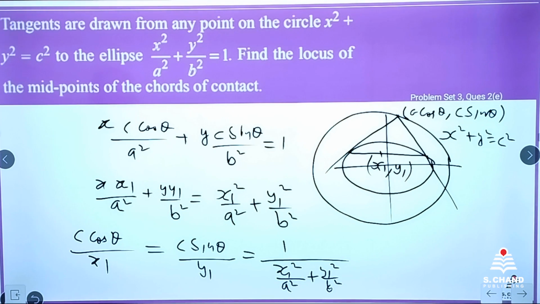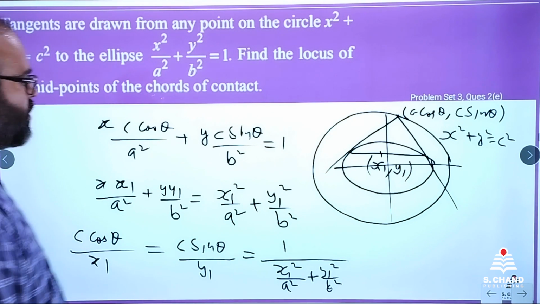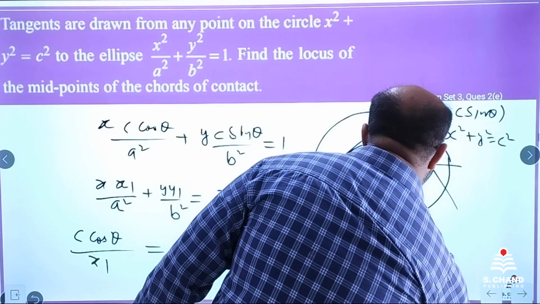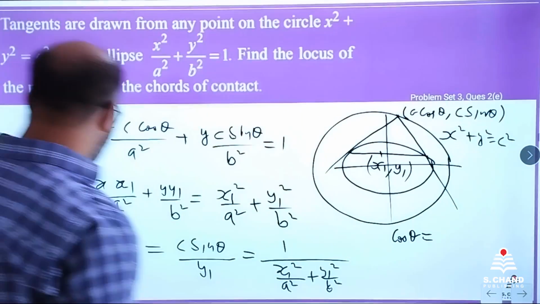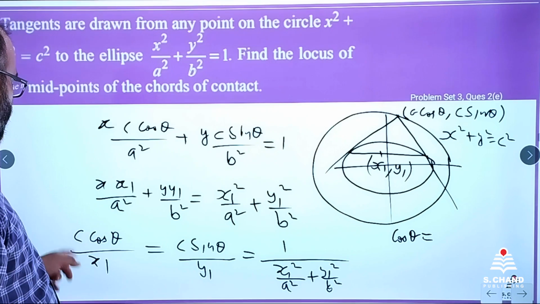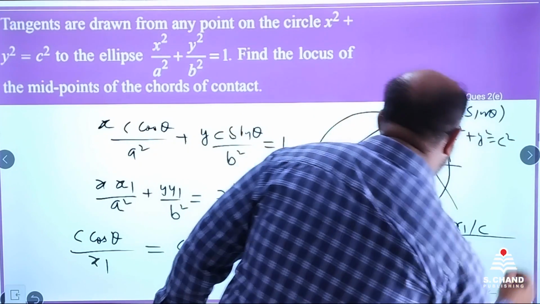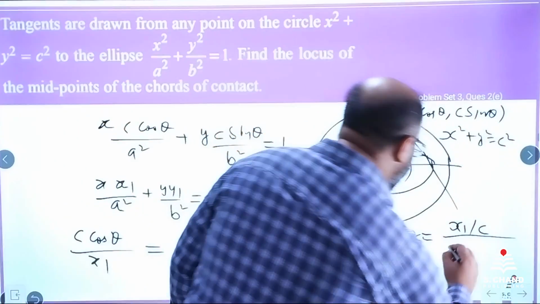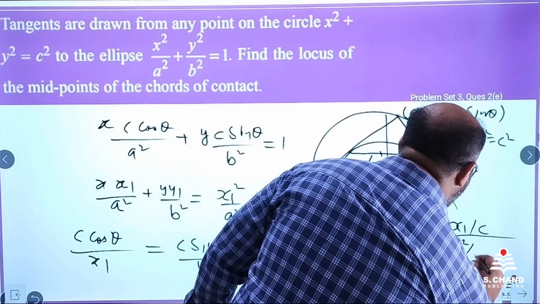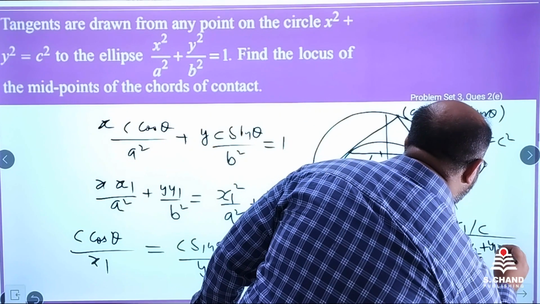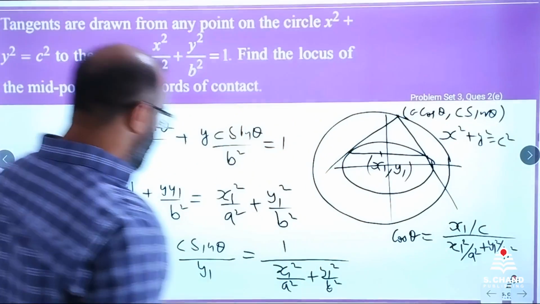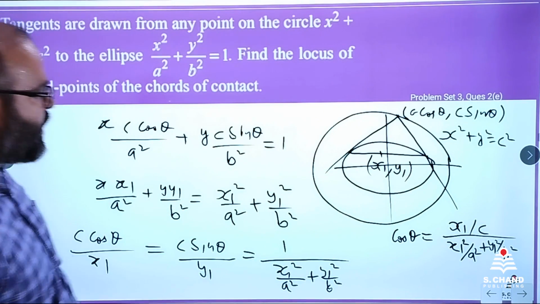Now what we will do, we take cos theta here, and cos theta will be equal to x1 by c upon x1 square by a square plus y1 square by b square. And then what about sin theta?